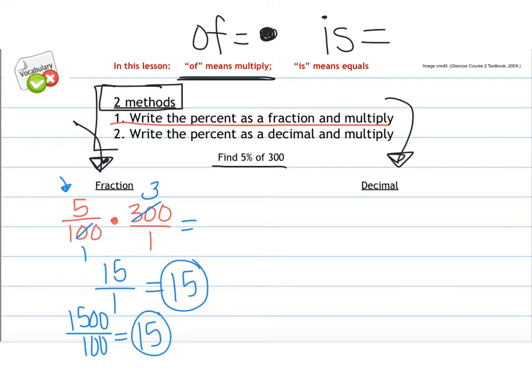A more common way, and the way that we will mostly use, is this second method where we write it as a decimal and then we multiply. So again, we're going to do 5% of 300. First, we write it as a decimal. So 5%. We put our imaginary decimal in here because there's a decimal after the 5, even though it doesn't show one.